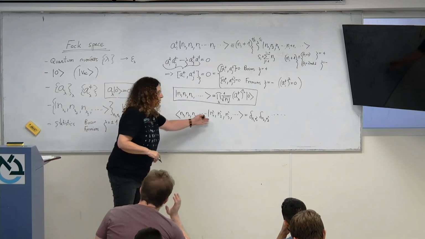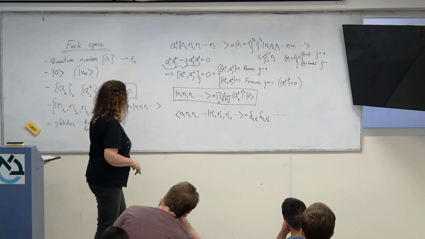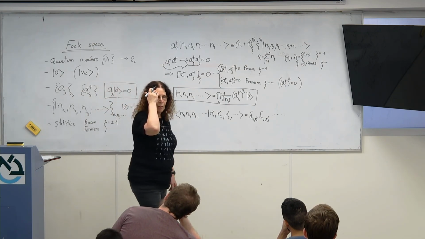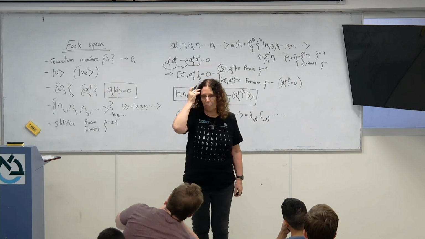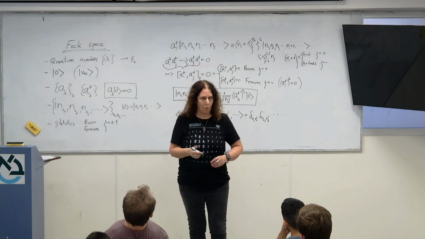This is trivial, it's just orthogonality. Therefore A dagger doesn't have any finite expectation value in any Fock state, and therefore it cannot be a Hermitian operator.